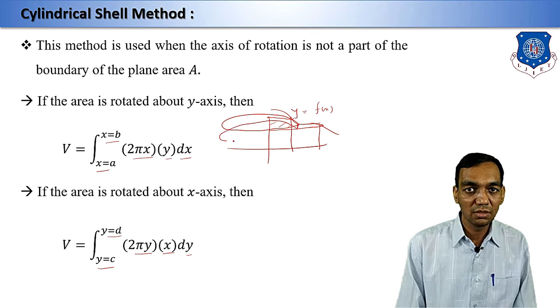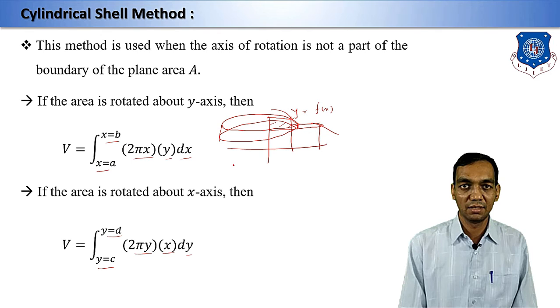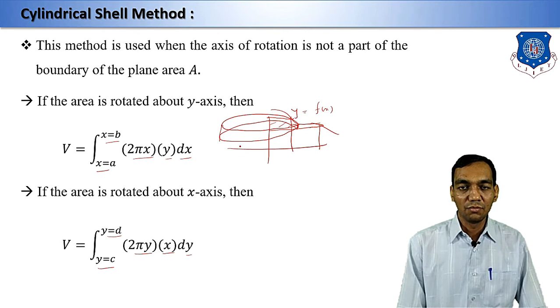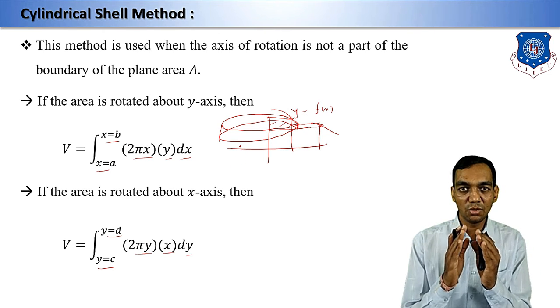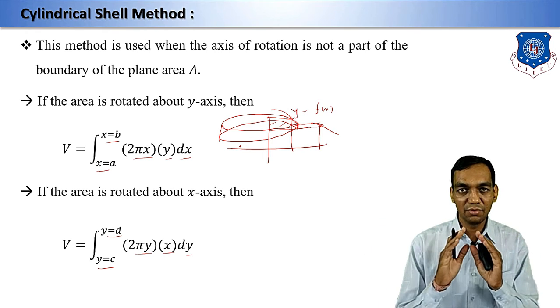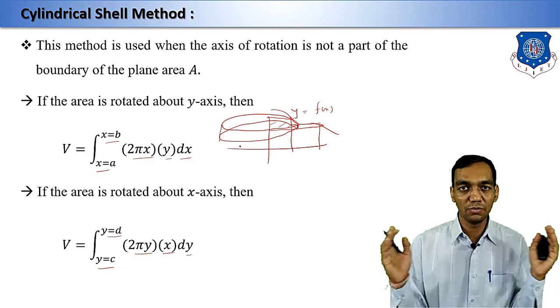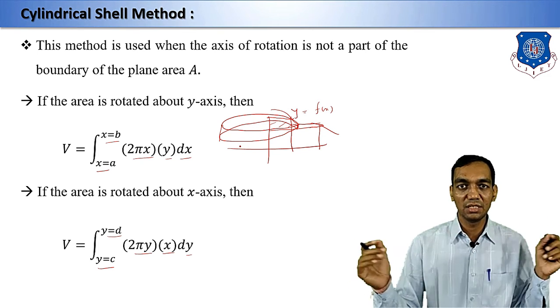So this rotation will give you a cylinder like this. Correct? And we are going to consider all cylinders like this, and add the surfaces of all of them. So that will generate the volume.